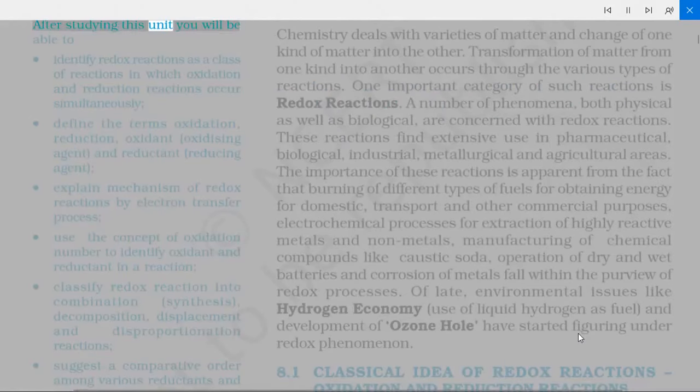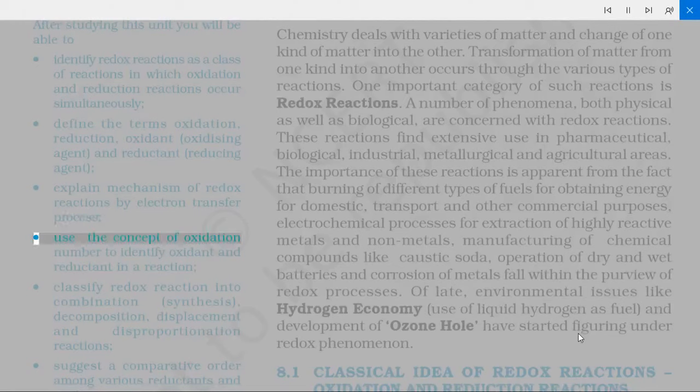After studying this unit, you will be able to identify redox reactions as a class of reactions in which oxidation and reduction reactions occur simultaneously. Define the terms oxidation, reduction, oxidant, oxidizing agent, and reductant, reducing agent. Explain mechanism of redox reactions by electron transfer process.